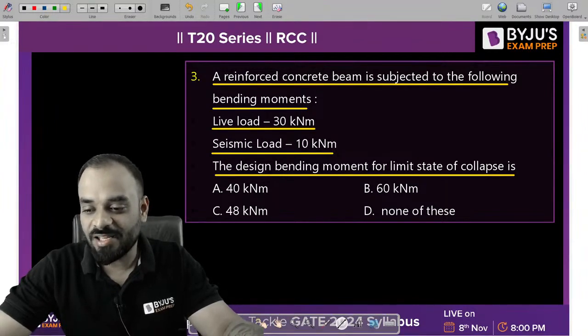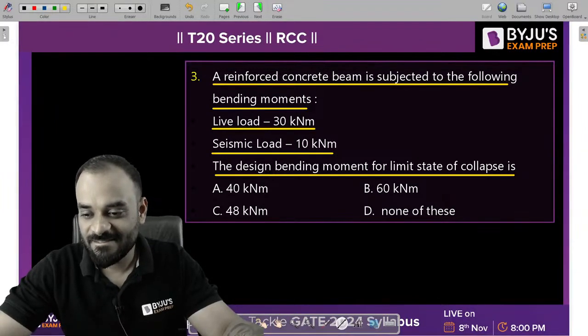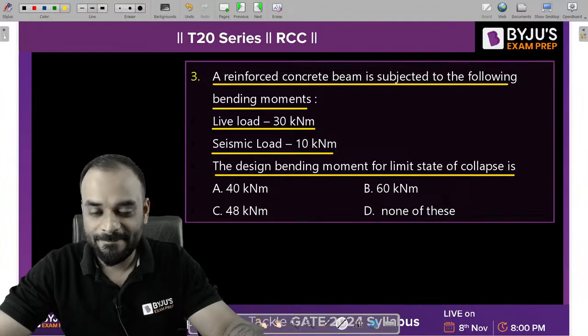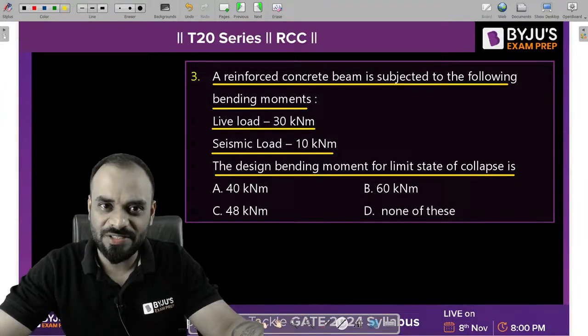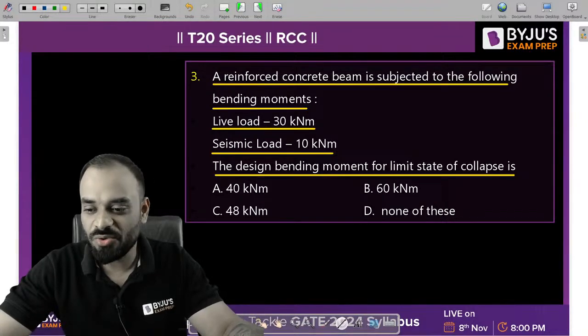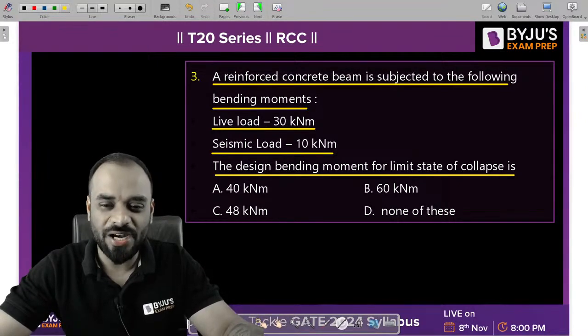It is a little bit tricky question. Quickly tell me, guys, you know that what is live load, what is seismic load, and how much factor of safety you have to take, right? Do you know that?